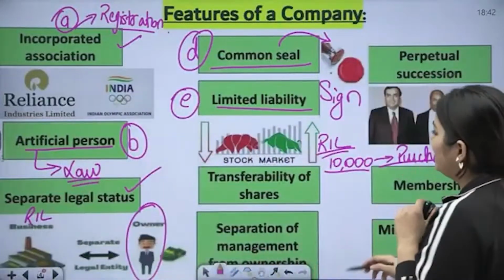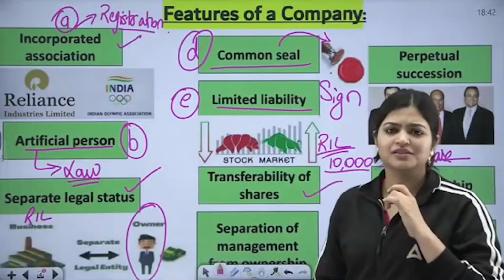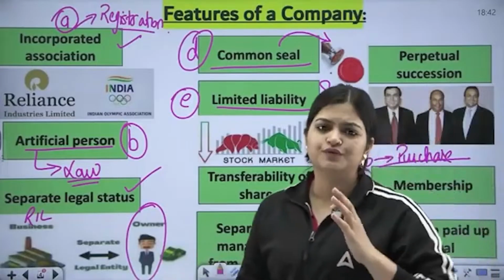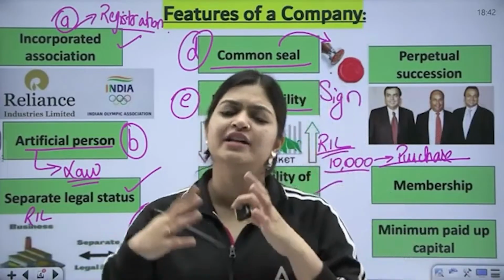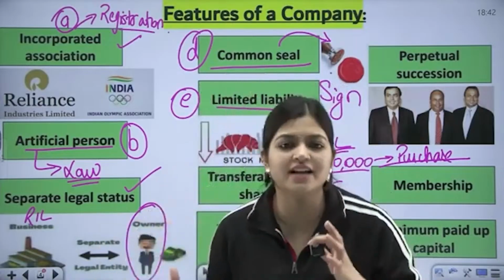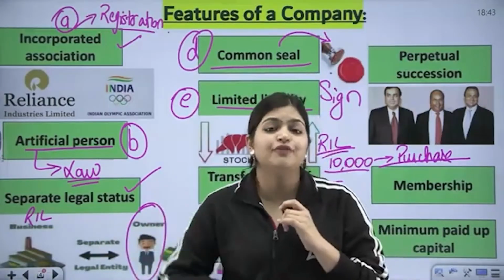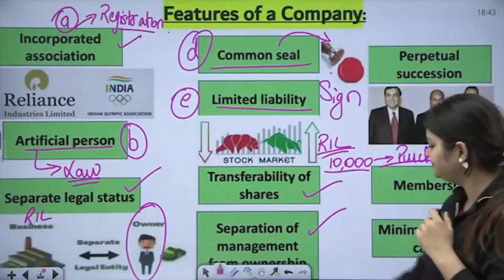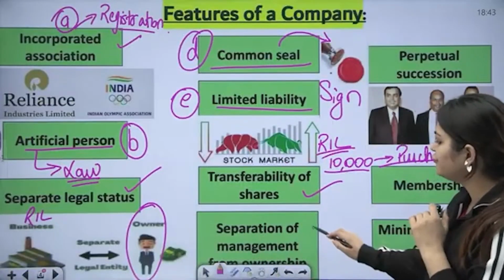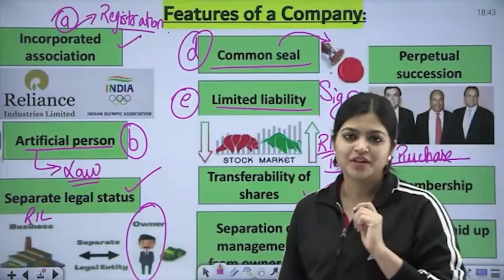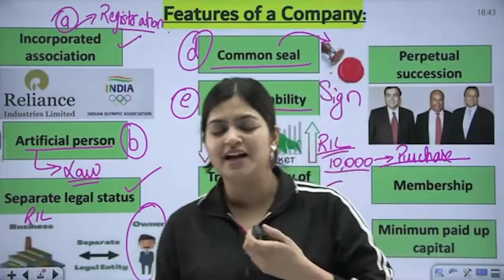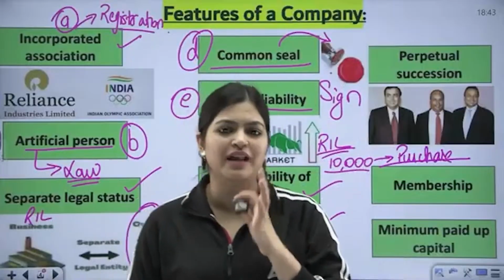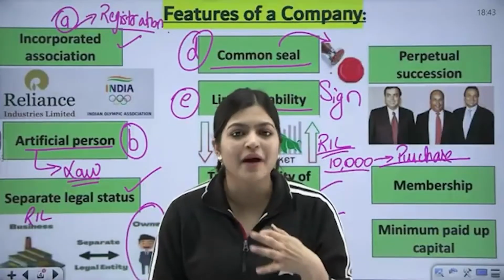Correct? Then next we have transferability of shares. You can easily transfer any shares. Any day you can purchase, anytime you can sell. Why? Again, because that is the feature of companies. Next, that is your separation of management from ownership. Though Dhirubhai Ambani ji started Reliance Industries, who is managing?